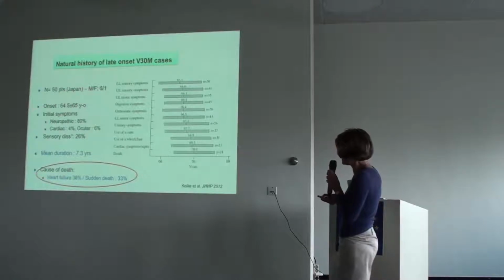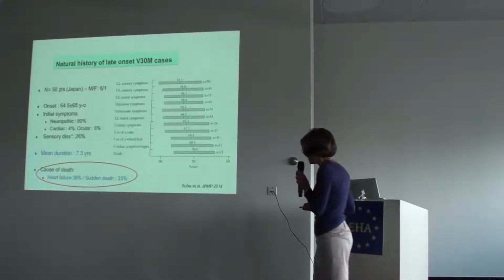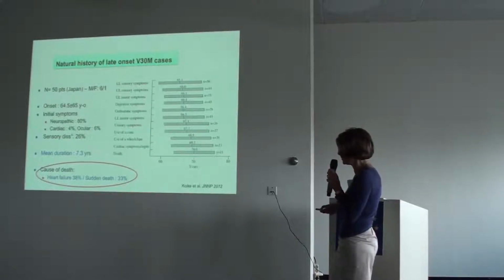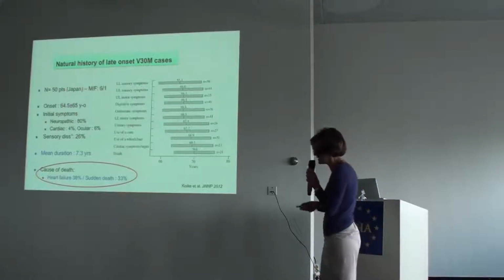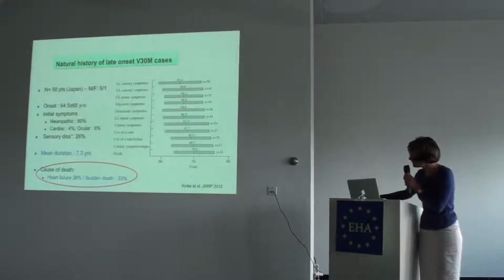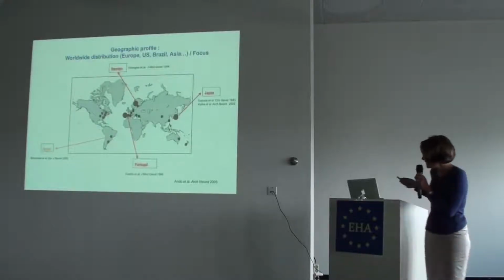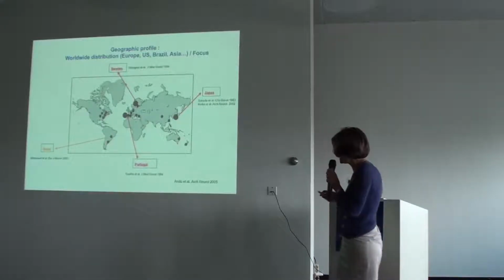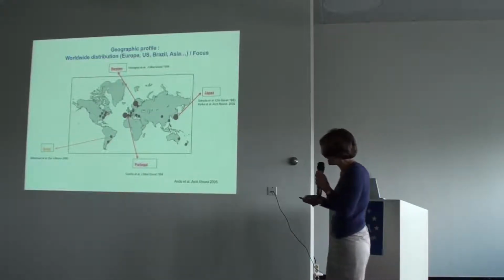Although neuropathic symptoms are the initial symptoms in 80% of these patients, they do have mixed, combined cardiac involvement, since the main cause of death is cardiac, heart failure, and sudden death in almost two thirds of the patients. So this is the map that we have now of this disease that is really present across the world.